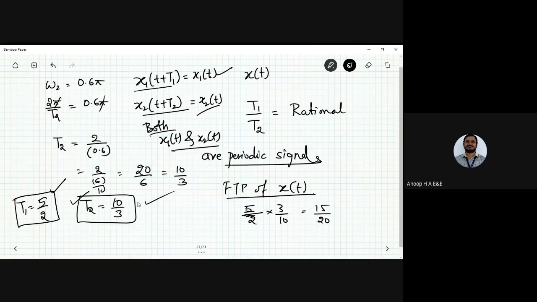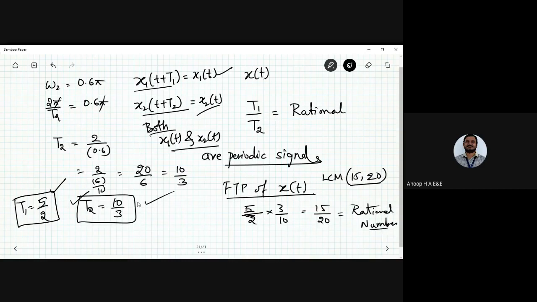Fine. So it is a rational number. Now, to find the fundamental time period of x of t, I need to take the LCM of 15 and 20.